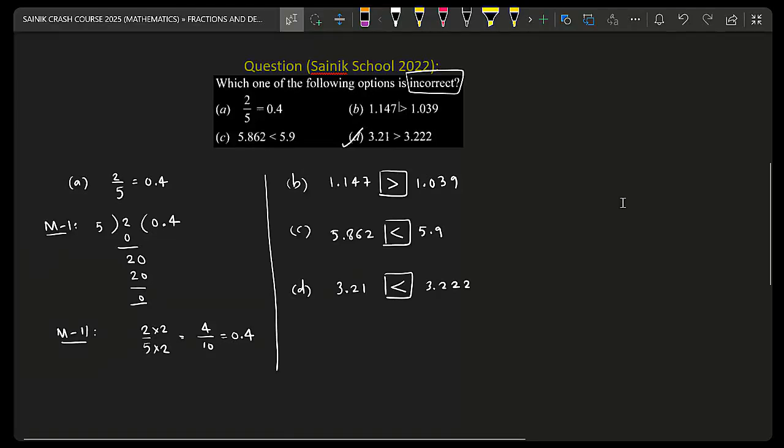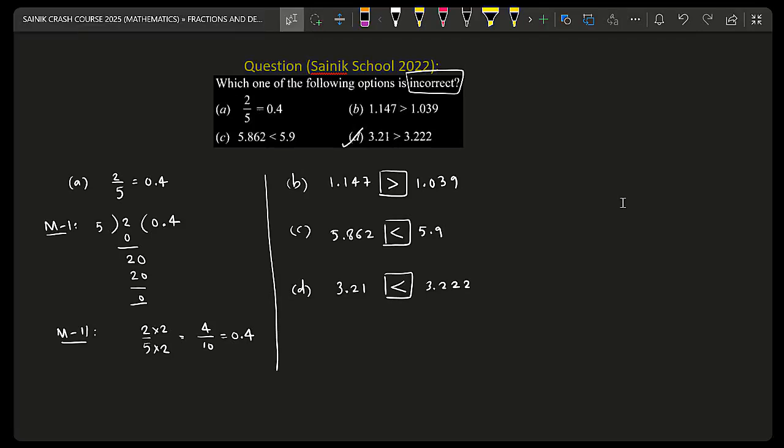Nishil, any doubt? Sir, can I explain this 2 by 5? Yes. See, sir, 2 by 5, if you want to convert into decimal form, you can divide 2 by 5, right? Yes, sir. So dividend is less than divisor. We should use 0 in the quotient. 5 zeros are 0 and then do subtraction. You get 2. When you use the decimal point, 2 receives a 0.